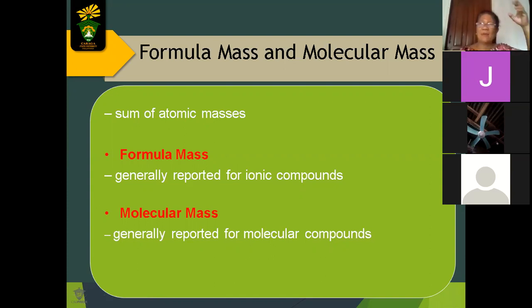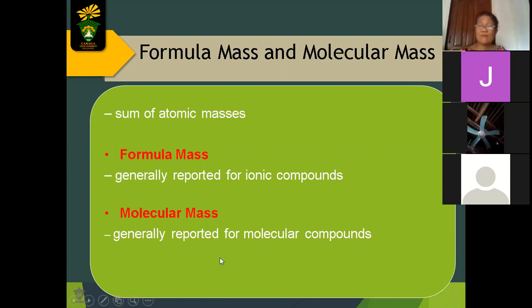Ang ibabaw niya is atomic number. Formula mass is reported for ionic compounds. Meaning, positive charged metal added with non-metal nga negatively charged. Okay, that is what is meant by formula mass.